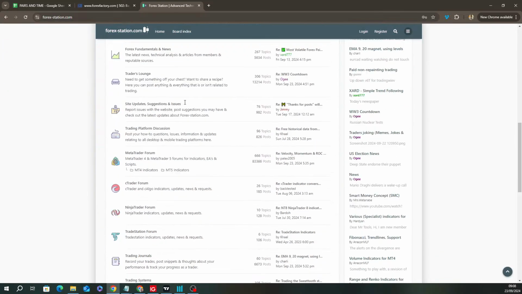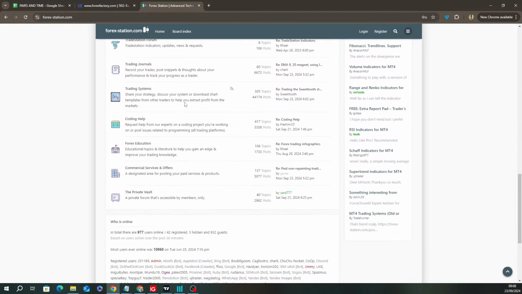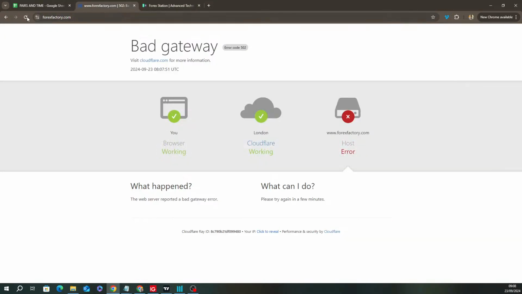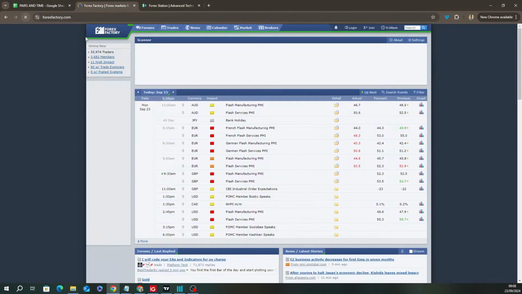We can look at the economic calendar for the week. There we go.